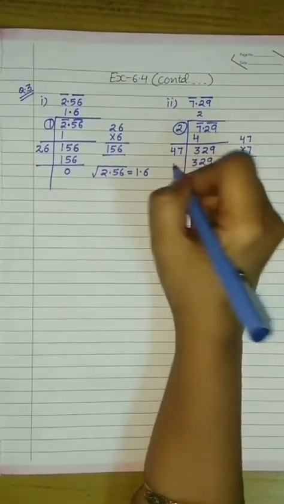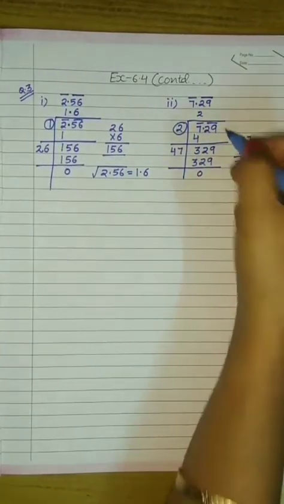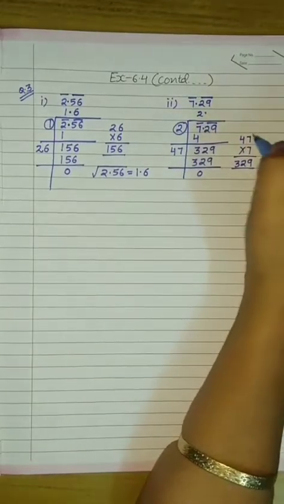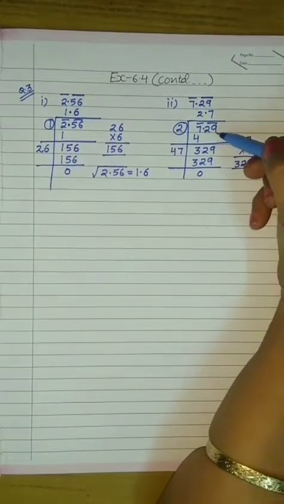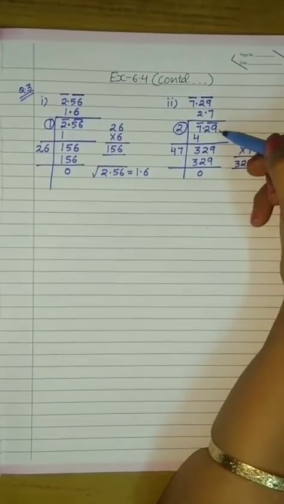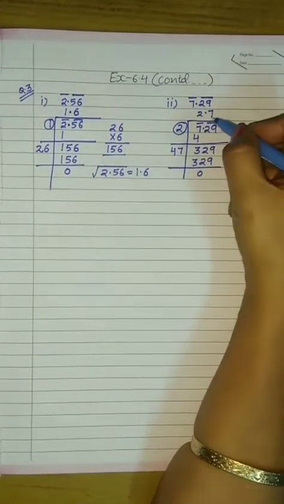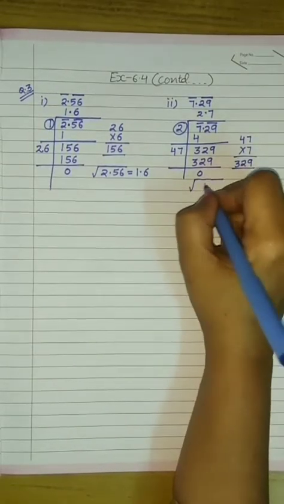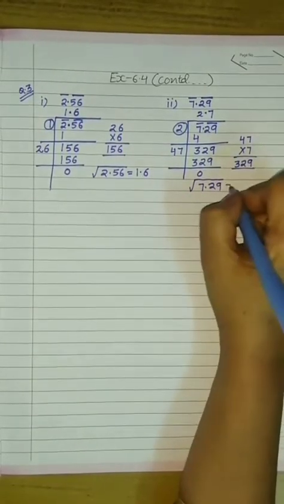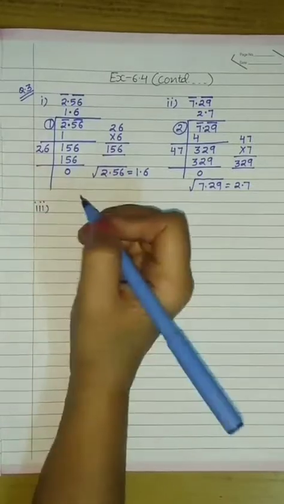So 47 will be our new divisor, and in the quotient I will write the decimal, then 7, because 29, the digits in the second bar, are after the decimal. So I have to write the decimal before 7. So our square root of 7.29 is equal to 2.7.